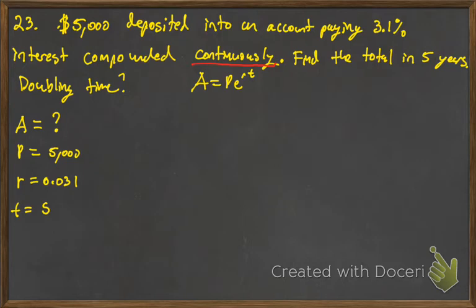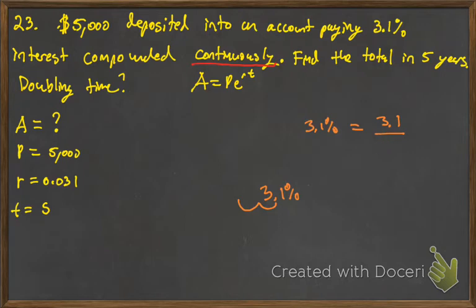That's what we're going to deposit. Your interest rate is a decimal, so 3.1%. If we want to convert that to a decimal, we need to move that decimal place over twice. 3.1% means 3.1 per 100, so that gives us the justification for moving that decimal place over a couple of times.